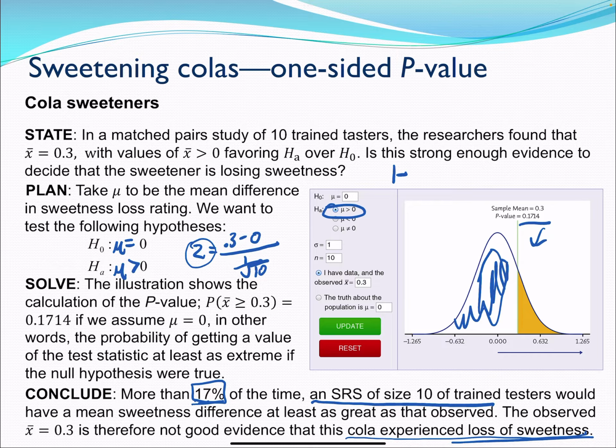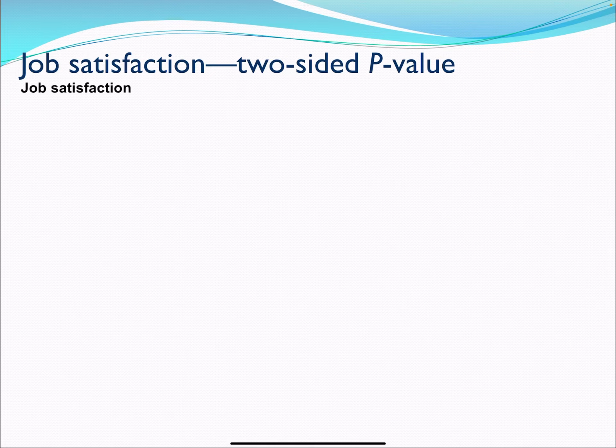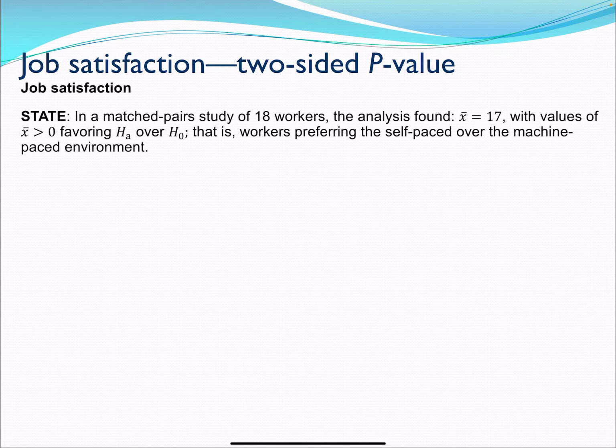Next example, we've got a two-tailed example. So we're looking at job satisfaction. Again, this is an example we started in part 2 of this chapter. So in a matched pair study of 18 workers, we found a sample mean of 17, with values of x bar being greater than 0, favoring our null hypothesis over our alternate hypothesis.